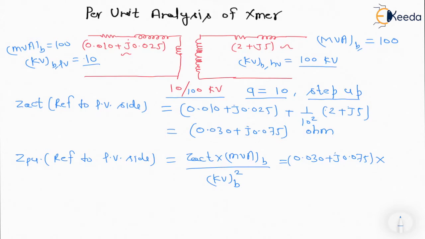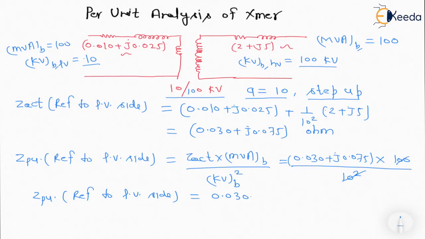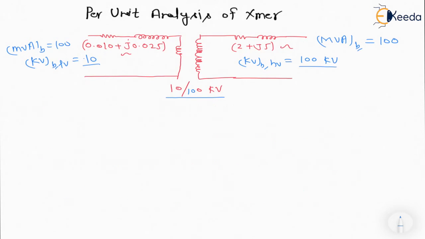So 0.030 plus j0.075 into 100 upon, we are dealing with LV side, so 10 square; 10 square and 100 cancel out. So Z pu referred to LV side is equal to 0.030 plus j0.075 per unit.